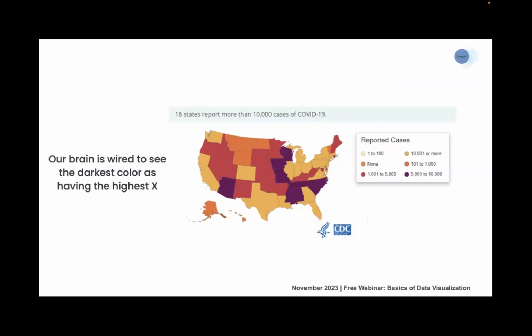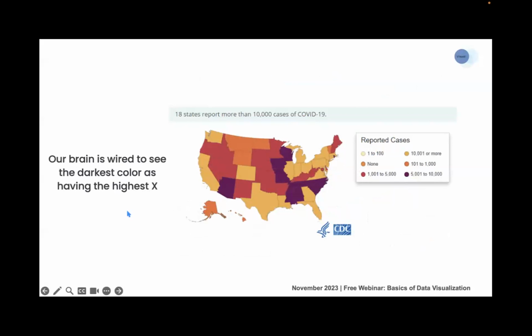How about this one? This is also about COVID, and it came from the CDC. I'm sure they have many analysts, data scientists, and data visualization engineers, but this happens.